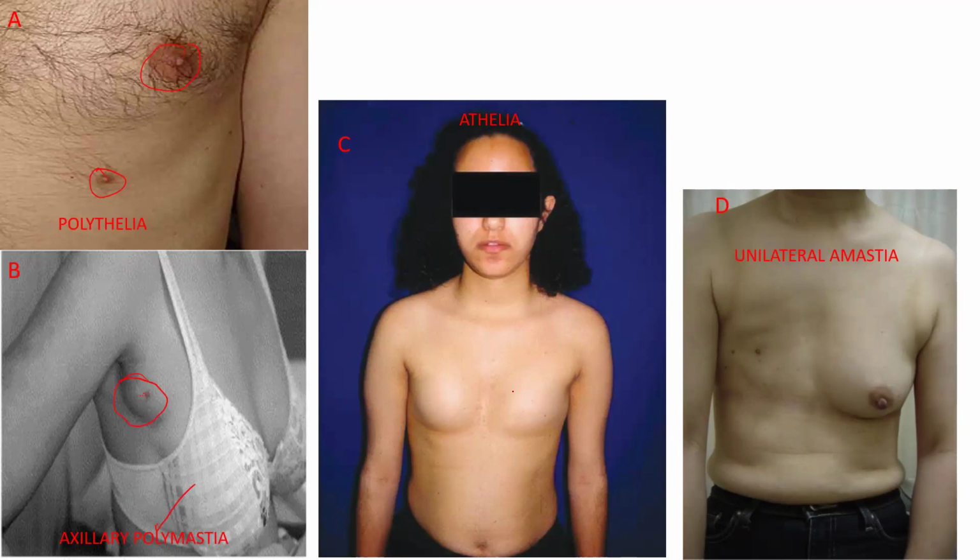This individual has the mammary glands, but the nipples are absent. Athelia. This individual has absence of breast on one side, what is known as unilateral amastia. It can be bilateral or unilateral.